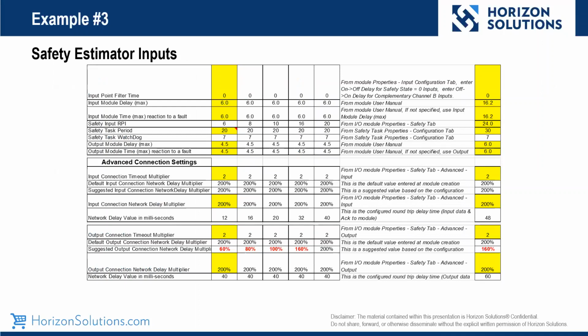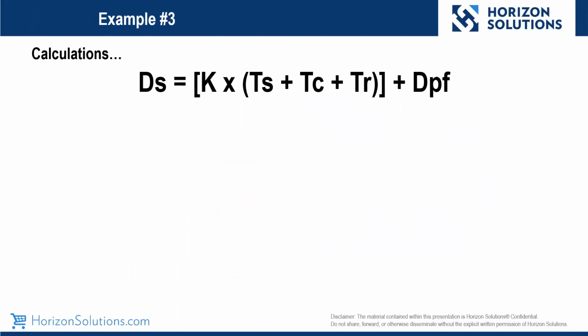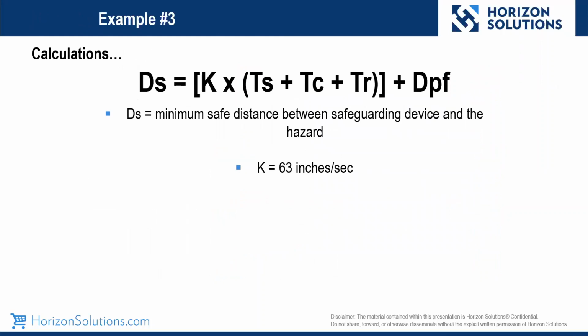Once again, we simply go back to our calculator, plug in all of the logical requirements, and we come back to our calculation with what we found. Same 63 inches per second, the same output reaction time of 50 milliseconds, but now our reaction time that we gathered from the safety estimator was 104 milliseconds.